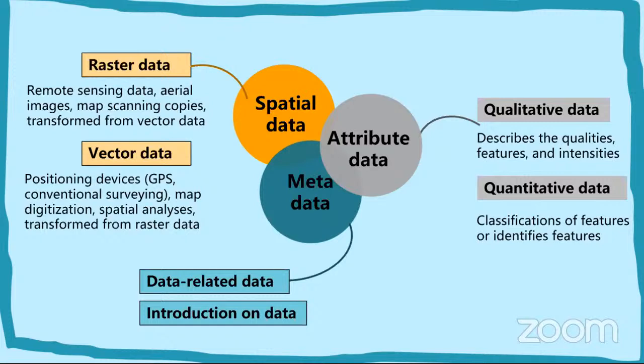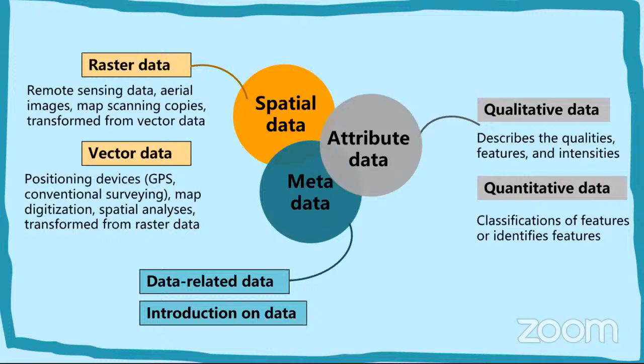Lastly, we have spatial data, which provides the information that identifies the location of the features and boundaries on Earth. It has two different types of spatial data, which are raster data and vector data.